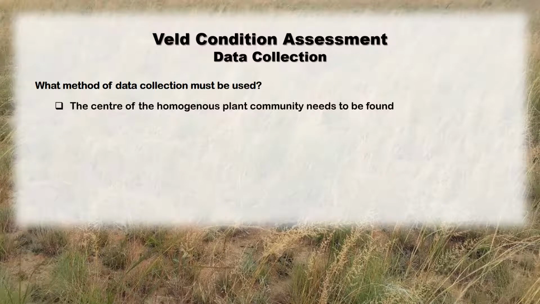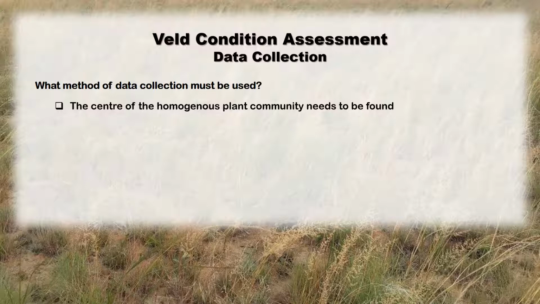Because our plant communities sometimes are small and they're not continuous, as you saw in the image from the satellite image, they were little circles. And if you did a 200-meter transect, there's a good chance that your transect would run out of your plant community into another one.